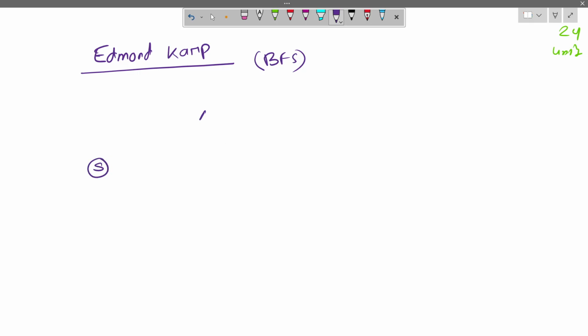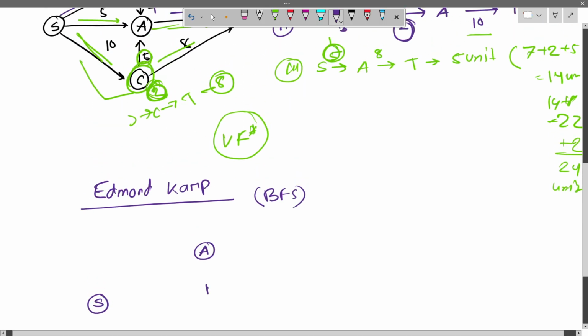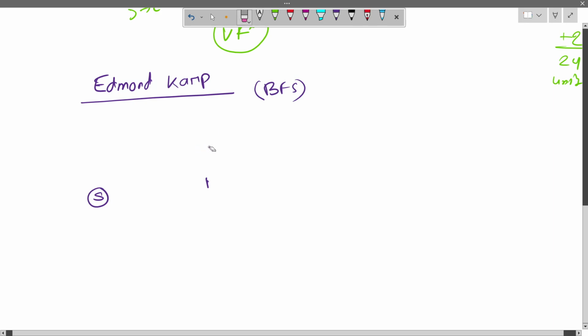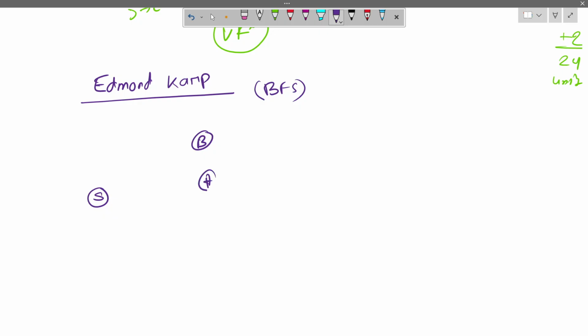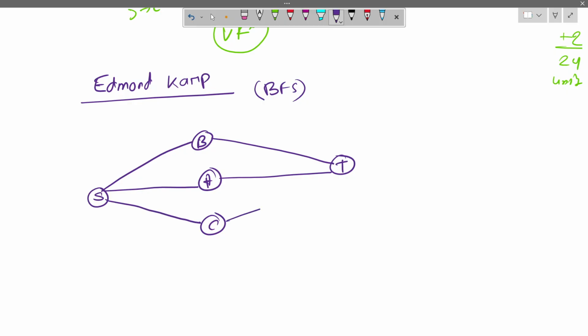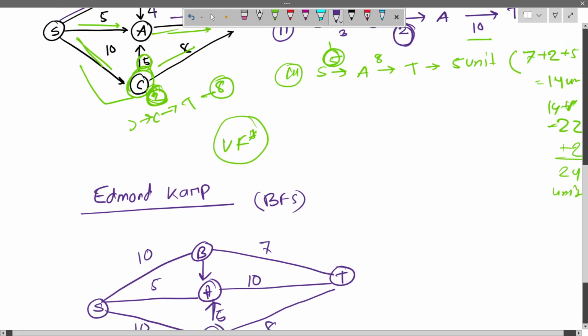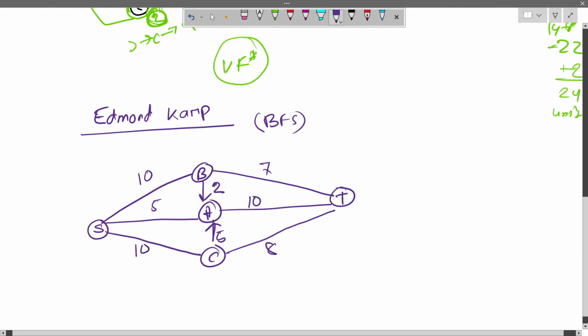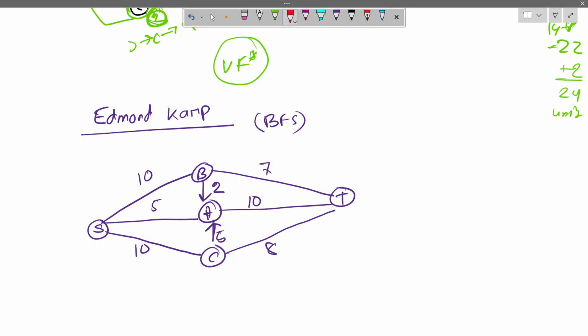So this is our graph, S, A, B, C, sorry for the mistake, and T. And the same values: 10, 5, 10, 7, 10, 8, 5, and 2. For this one, the Edmonds-Karp, we apply the breadth first search.